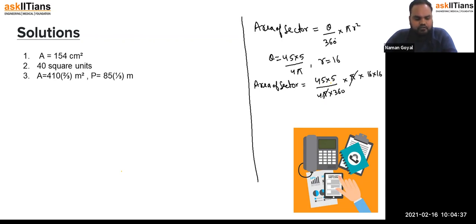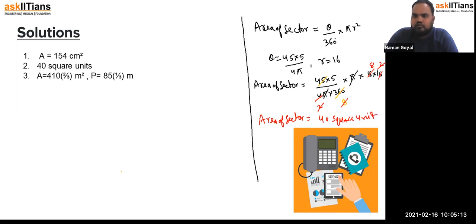If you divide 360 by 45, you get 8. Then the 8 cancels out the 16 two times, the 2 cancels out the other 16 by 2 times, and so on. If you calculate this, 5 and 8 give us 40 square units.